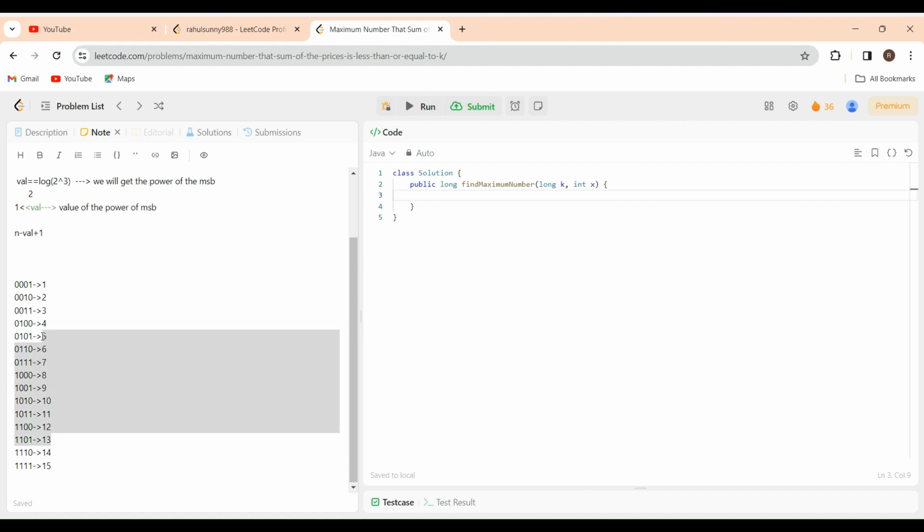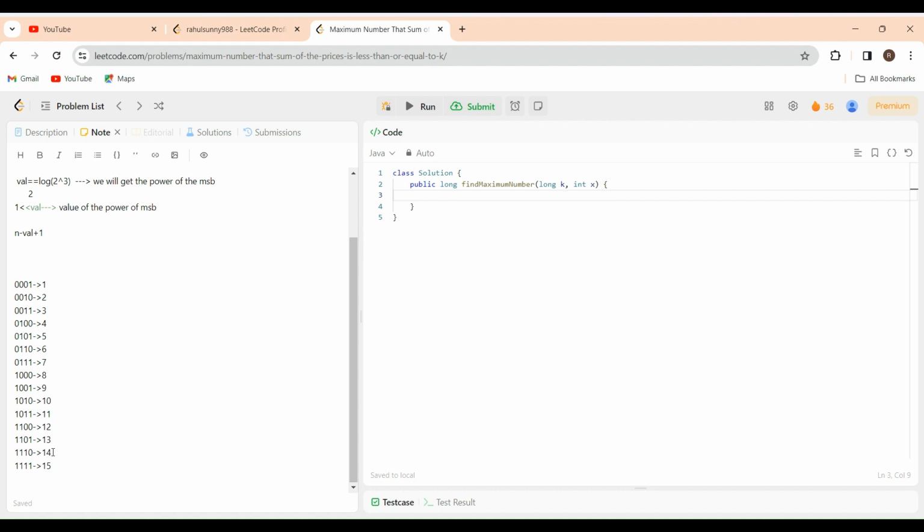From 8 to 5, if we want to count how many ones are there in this range, 1 2 3 4 5 6, okay? So for example, if we want to calculate 14 here, for 14 the most significant bit is 8, right?